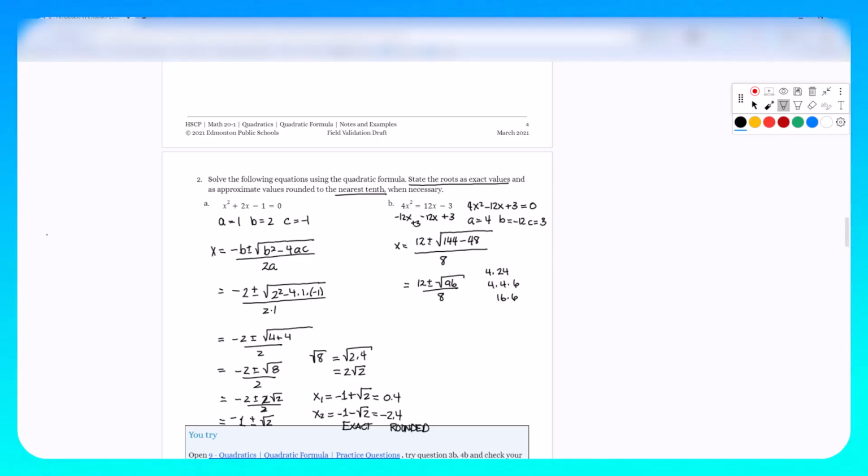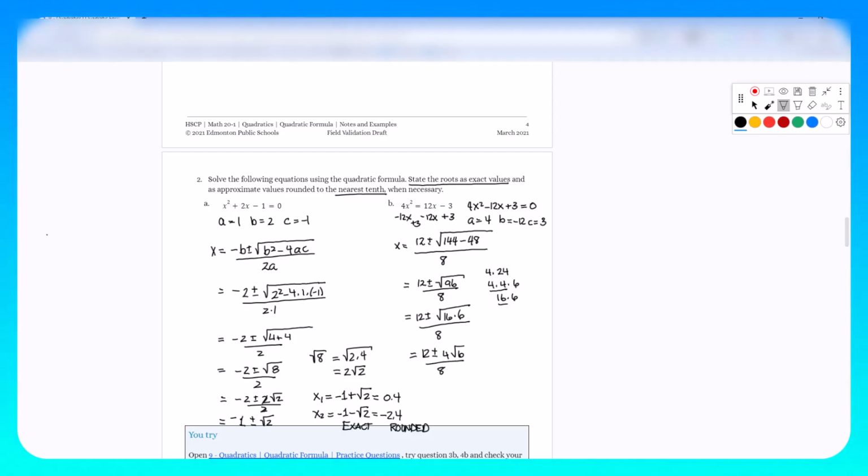So I've just kind of taken some factors, and the reason I'm doing this is because I'm looking at perfect squared numbers, because if I do that, I have the square root of 16 times 6, and that is going to leave me with 12 plus or minus 4 root 6 all over 8.